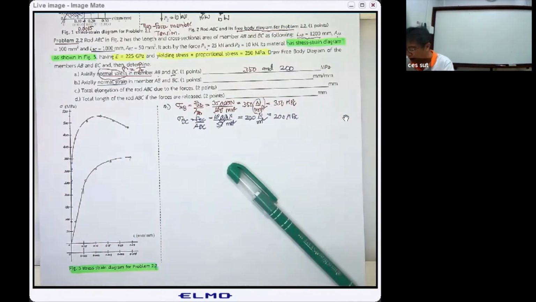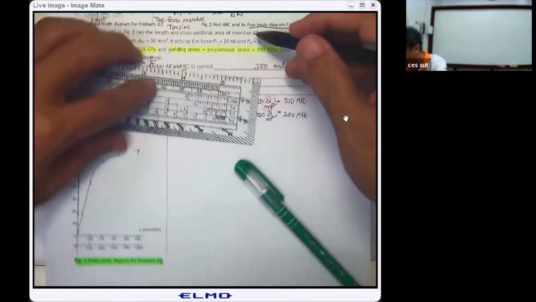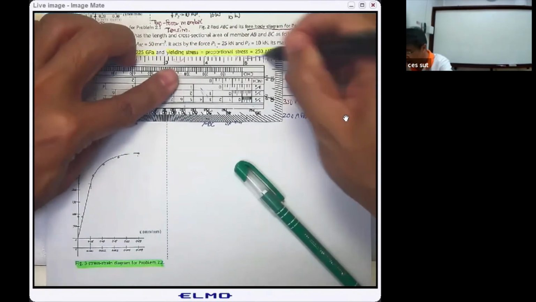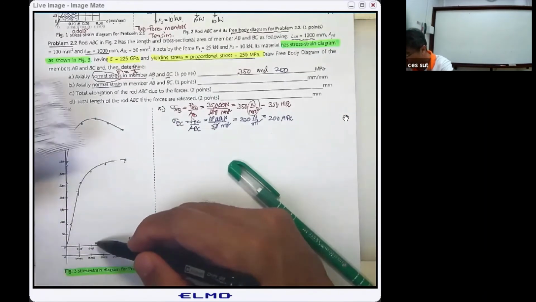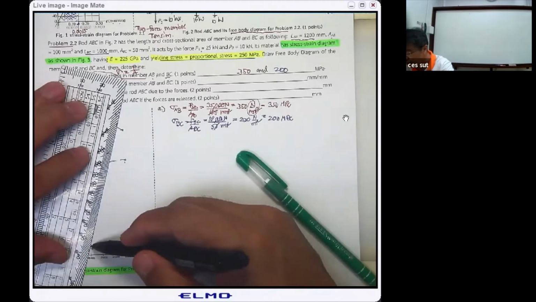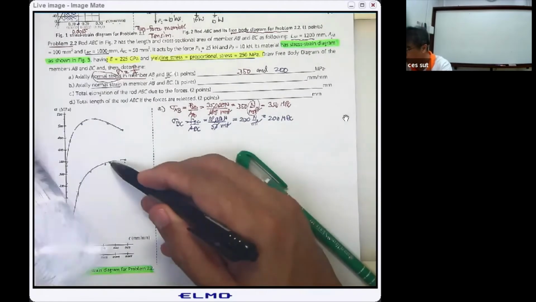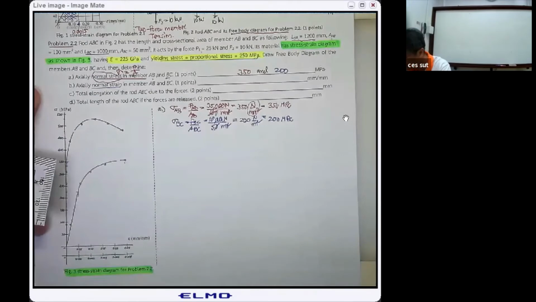So don't worry, just follow what is said in the problem. Some people may say, Ajahn, if we use 0.2% offset, this one is supposed to have the yielding about here. Don't worry, just follow what's specified here. Okay, just follow the assumption that we use in the analysis.